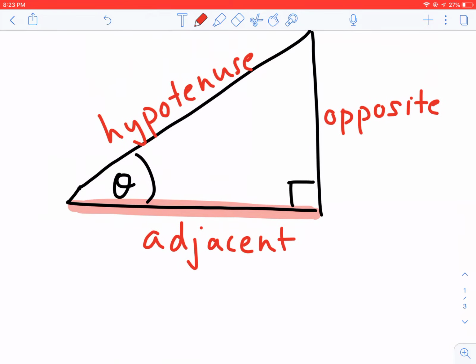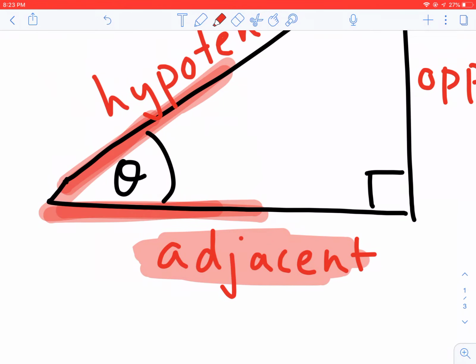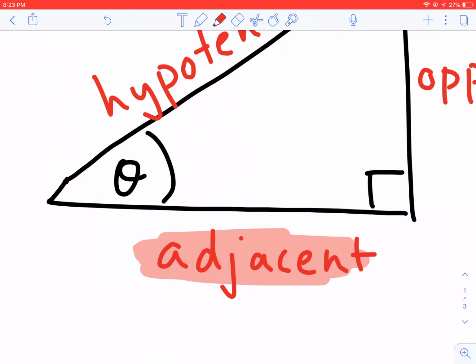If you're just thinking in English, yes, the hypotenuse is also adjacent to your angle theta, but that already has a very special name. It's called the hypotenuse because it's across the right angle. So there is only one adjacent side to this angle theta, the one that's not the hypotenuse. These two side lengths form the angle, and the adjacent one is going to be the one that is not the hypotenuse.